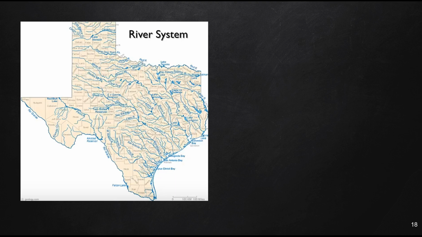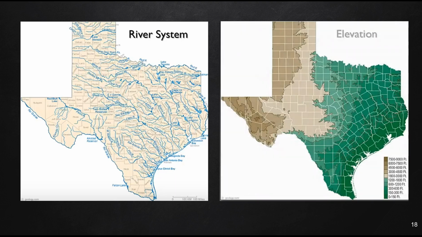So thinking spatially, if we look at a river system here in Texas, and we think about what's going on here in this river system, we can get a general pattern or trend where all the rivers flow in a certain direction. Without knowing anything else, I hope you understand your geography well enough to know why the streams would flow in a certain direction. And so we can start to see that we have elevation change from the west to the east towards the Gulf of Mexico.